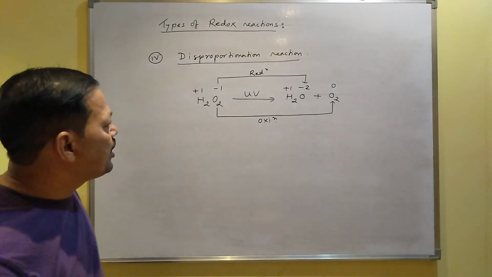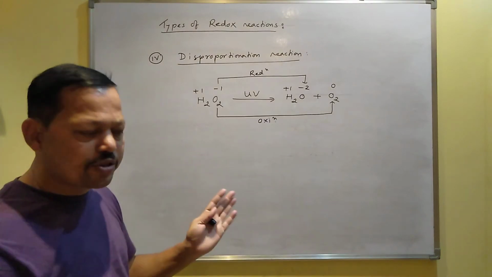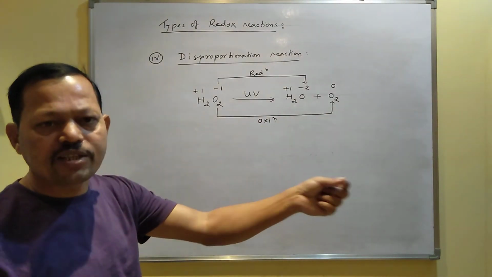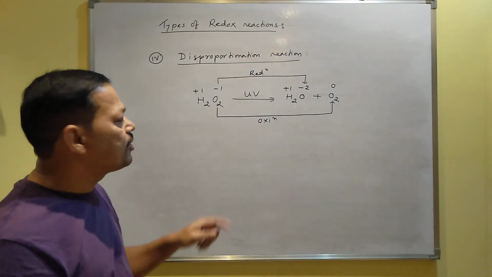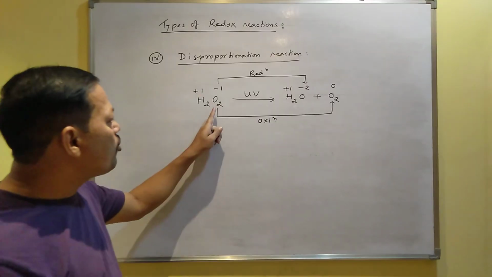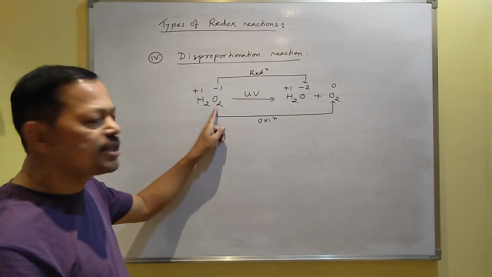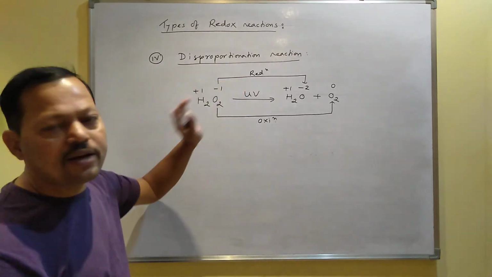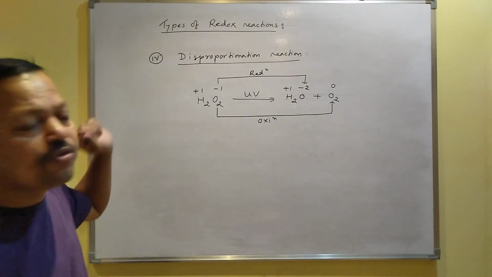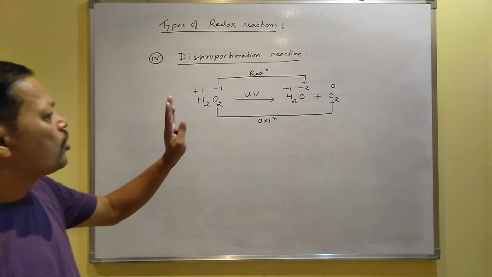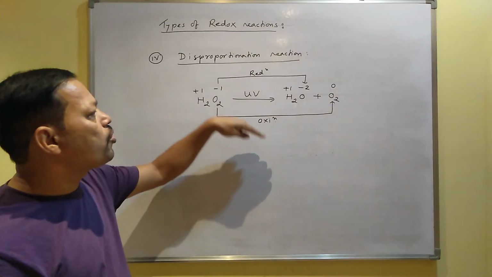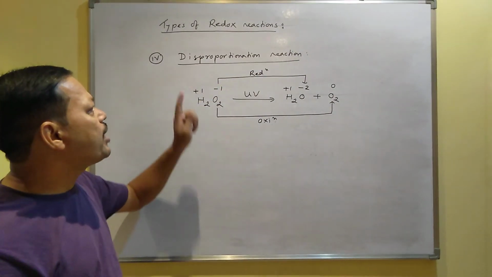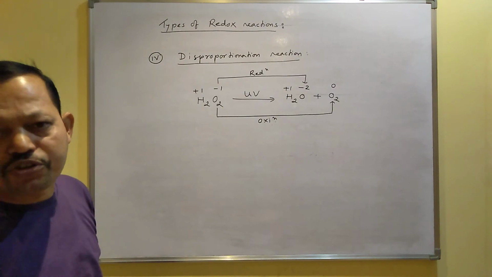Now here you have seen, normally in redox reaction, one element undergoes oxidation, another element undergoes reduction. But in this reaction, one of the elements, I mean oxygen, undergoes both oxidation and reduction. This type of reaction in which one of the elements undergoes both oxidation and reduction is called disproportionation reaction.